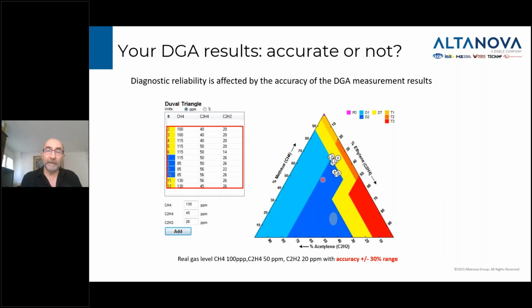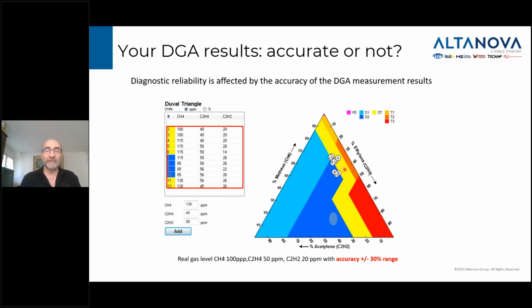When we plug them into the Duval triangle, you can see that some of the diagnostics tell you that you have a D2. Many of them tell you that you have a DT, and potentially you're very close to a D1. So potentially with a 30% accuracy system, the same sample can give you 3 different types of diagnostic.